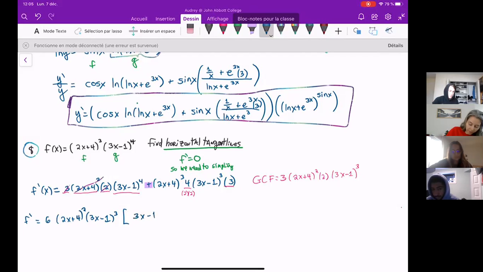So I have one 3x minus 1 left. Plus, over here, I took 1 of the 2x plus 4s away, so I have 1 left, so I'm like 2x plus 4. From the 4, I only took a 2 away, and then I took everything else away.